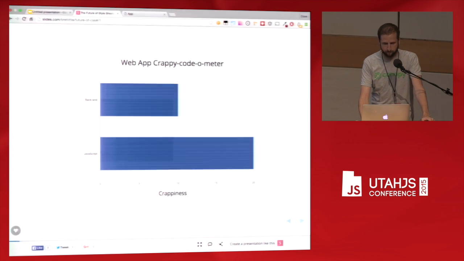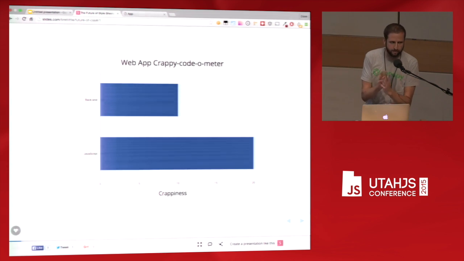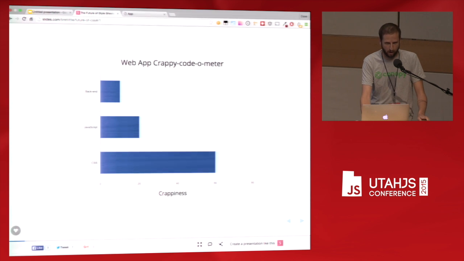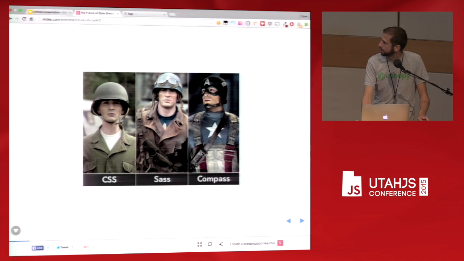Now, if we put front-end code, specifically JavaScript, on the same meter, on average, looking at most code I've seen, you get this kind of exponential increase in crappiness. Now, if we were to put CSS on the graph, it starts to get a little worse. And then there's also something called GWT.